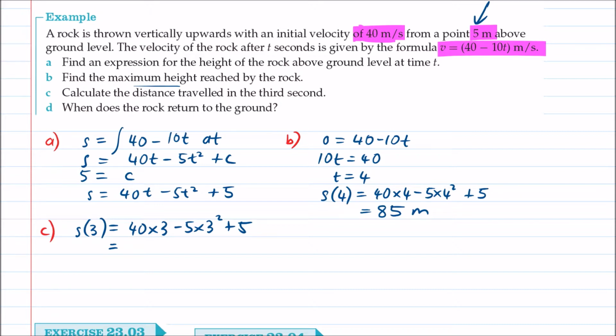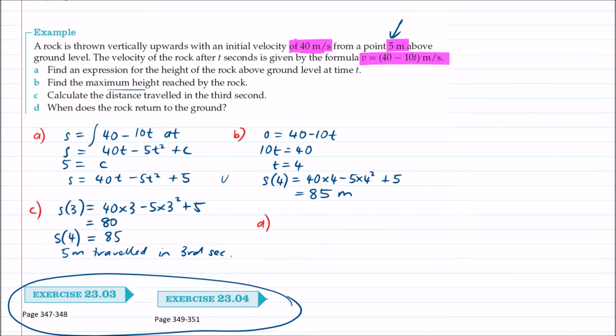So that's 75 plus 5 is 80. And then we'll look at the distance at 4 seconds. Well, we've just worked it out, 85. And so it travels 5 meters in the third second.